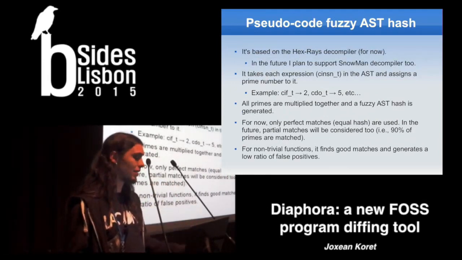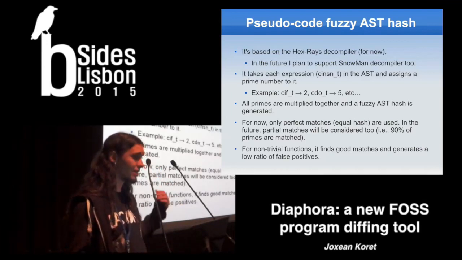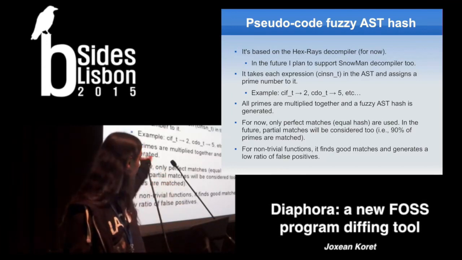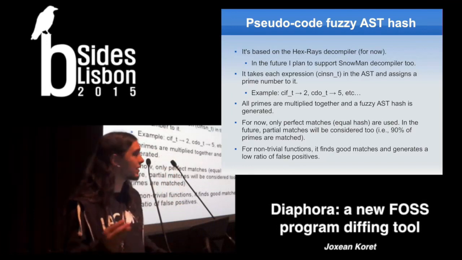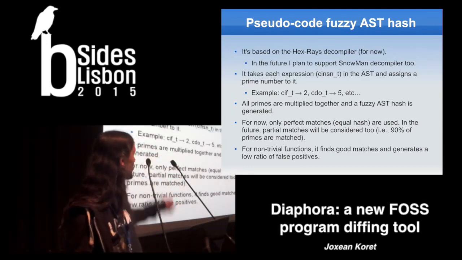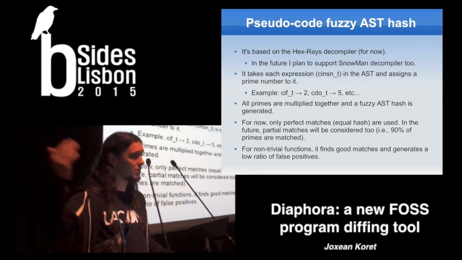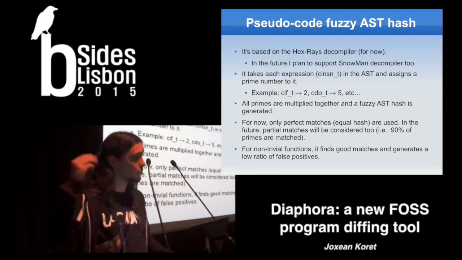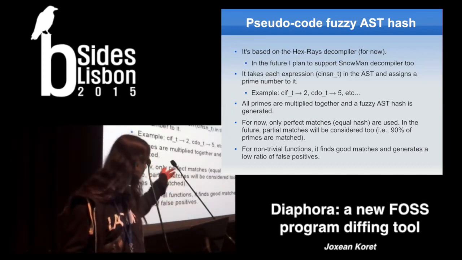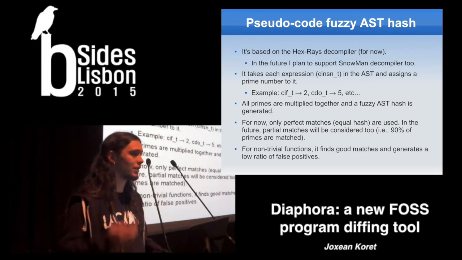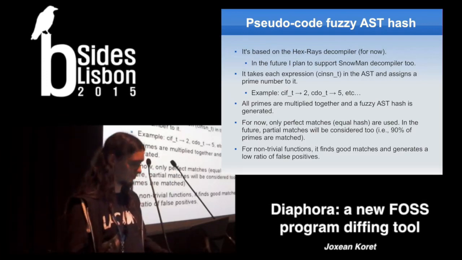Okay, one more heuristic: the pseudocode fuzzy abstract syntax tree hash. It is based naturally on the Hex-Rays compiler. For now, tomorrow I plan to also use the Snowman compiler, which is open source. It takes each expression and C instruction in the AST and assigns a prime number to it. For example, the if instruction is 2, the do instruction is 5, the switch instruction is, I don't know, 13.